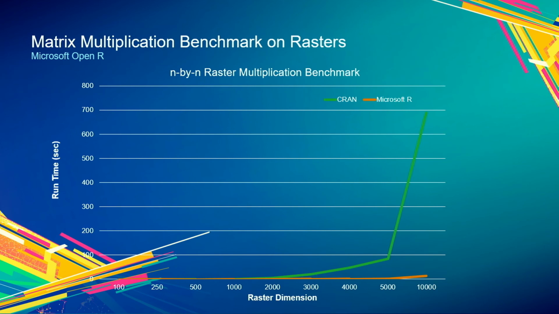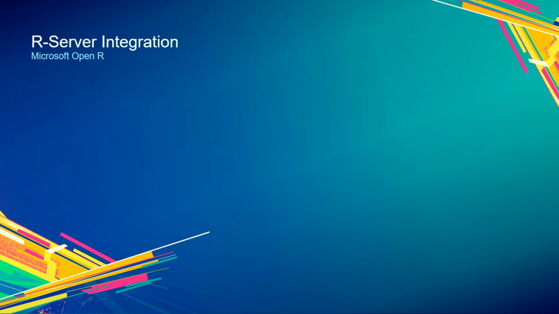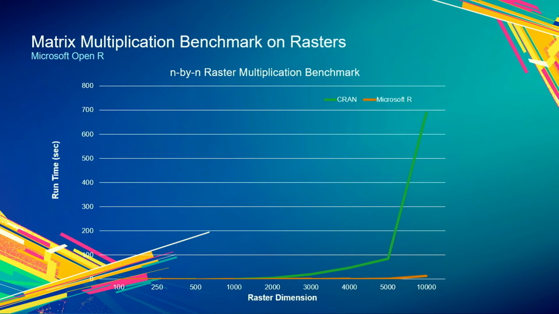So if you have a raster that is 10,000 by 10,000, processing this raster is about 5,000 times faster with Microsoft R. So it can give you a huge speedup.